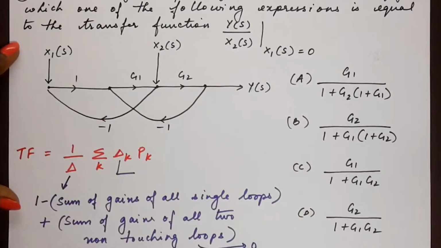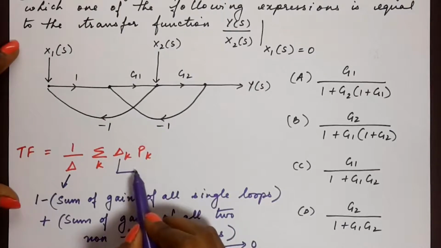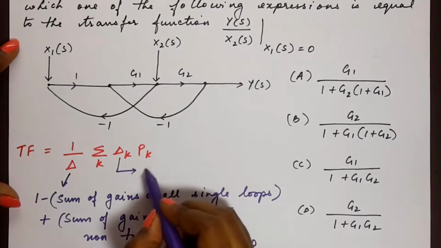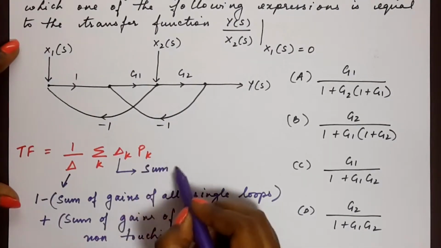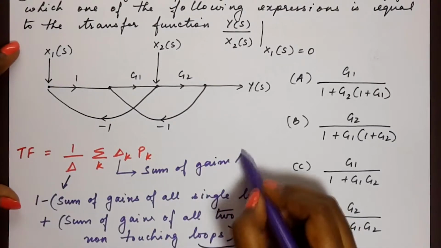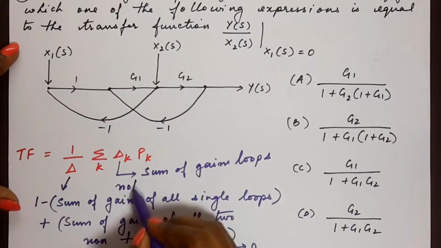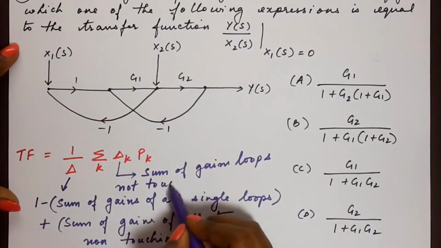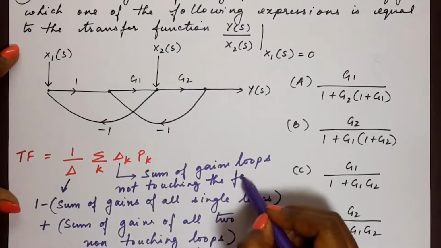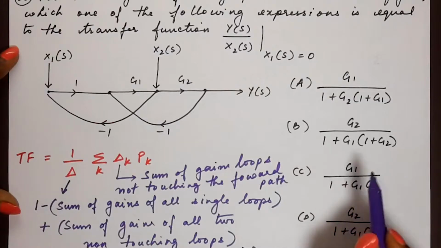Then we have delta k. Now delta k corresponds to the forward path, but this is the sum of gains of loops not touching the forward path.